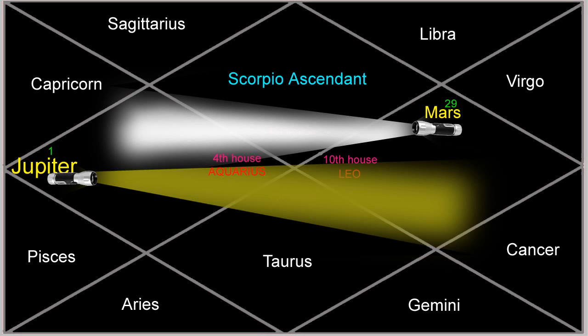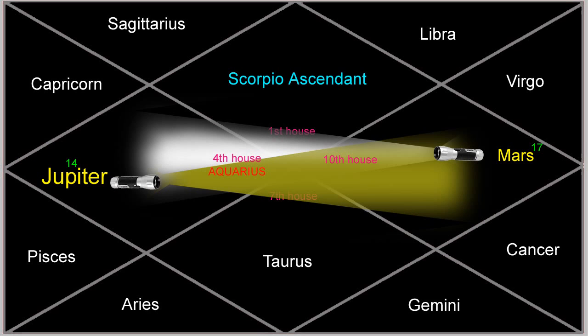Okay, but if they were within 5 degrees of each other, let's say we bring it back to where Jupiter was at 14 degrees, and Mars was at 17 degrees. Now you see they're throwing light on each other. And this scenario can be applied to any planet in any house, okay?